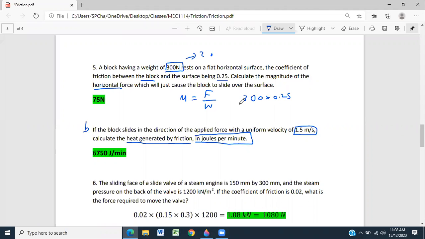So a quarter of 300, you can plug this into a calculator, it'd be 75, right? Half of 300 is 150, half of that is 75. And you can plug it into a calculator and verify. So that's finding the force: the magnitude of the horizontal force which will cause the block to slide over the surface.